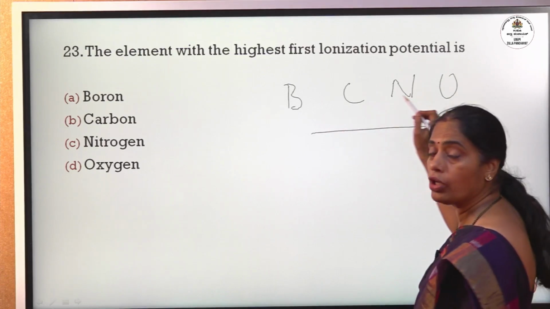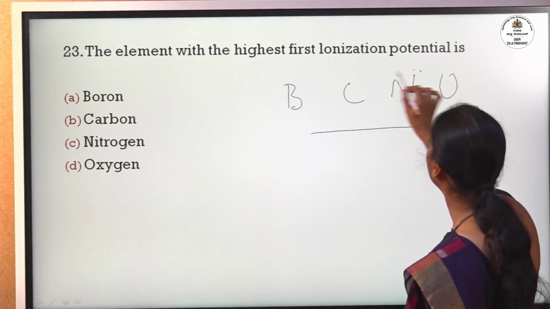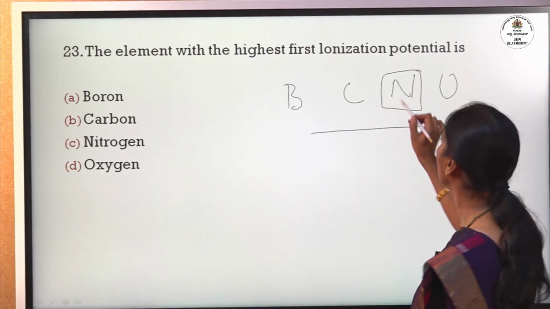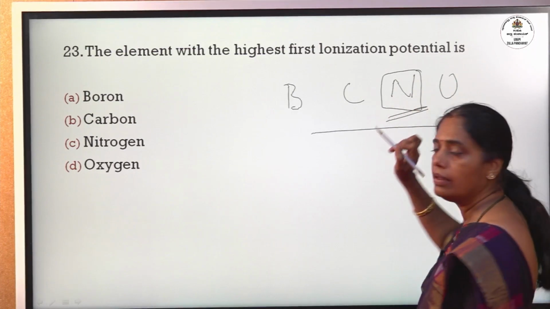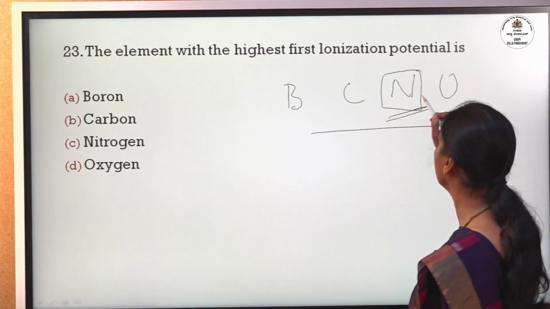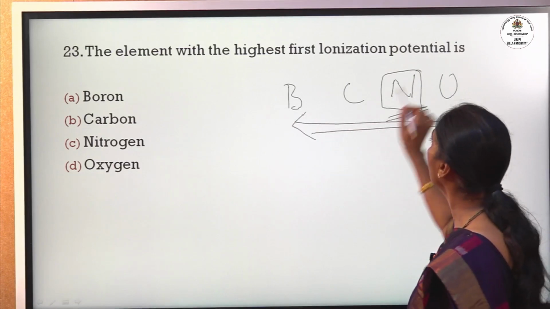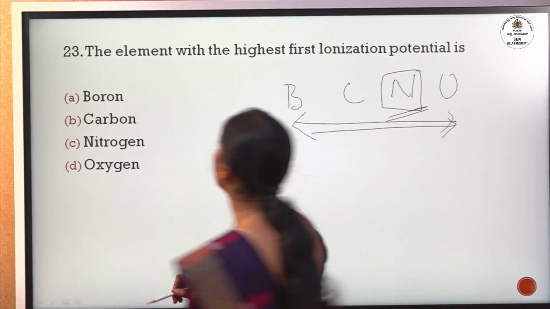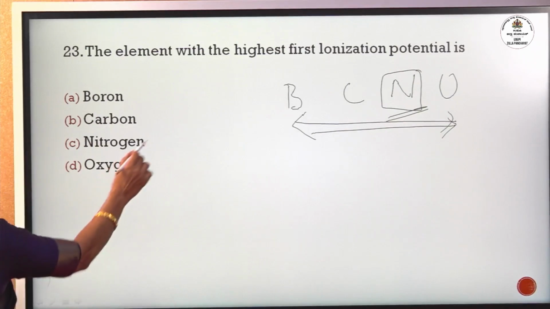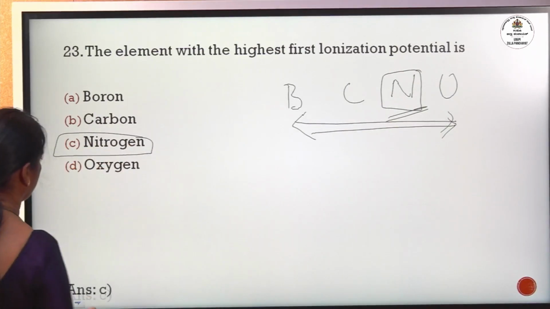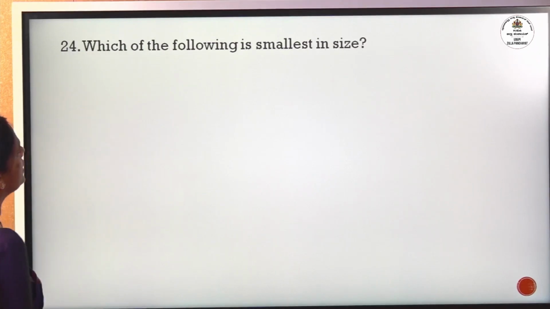But nitrogen is having a half filled orbital, which is stable. So among all the four, nitrogen has the highest first ionization potential. So this is the correct answer. Answer C is the option.